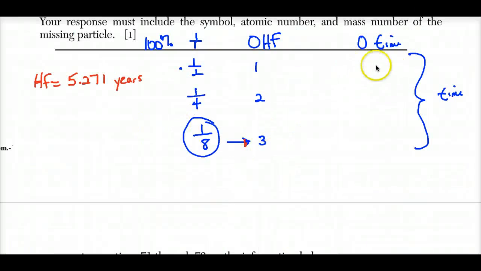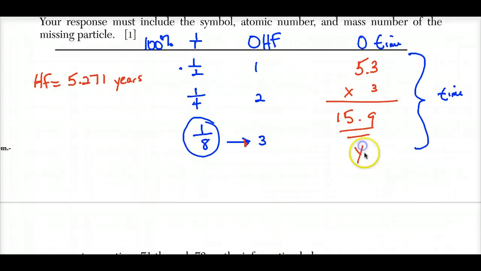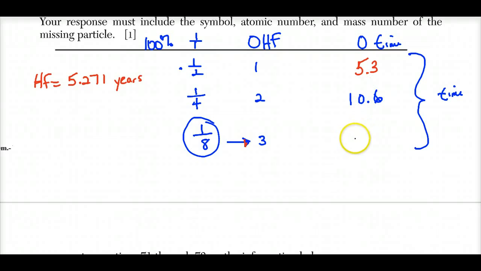If each half-life is approximately 5.3 years, I'm going to times that by 3, and that's approximately 15.9 years. You could also add 5.3 for the second half-life, so that'd be 10.6 at this point, and then add another 5.3, and you get your 15.9.